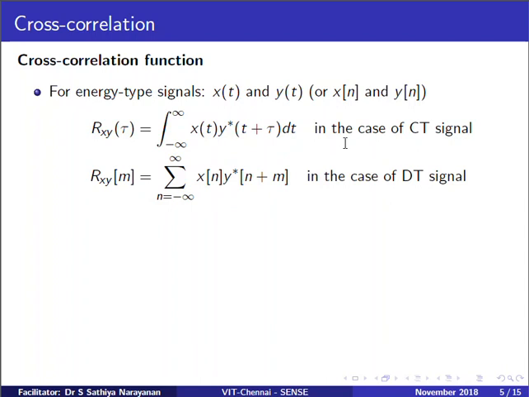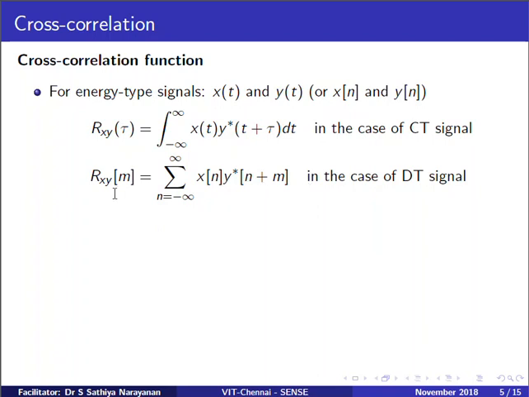In case x and y are discrete time signals, denoted as x of n and y of n, the cross correlation function between x and y is denoted as rxy of m, which is equal to the summation n equal to minus infinity to infinity of x of n times y conjugate of n plus m.